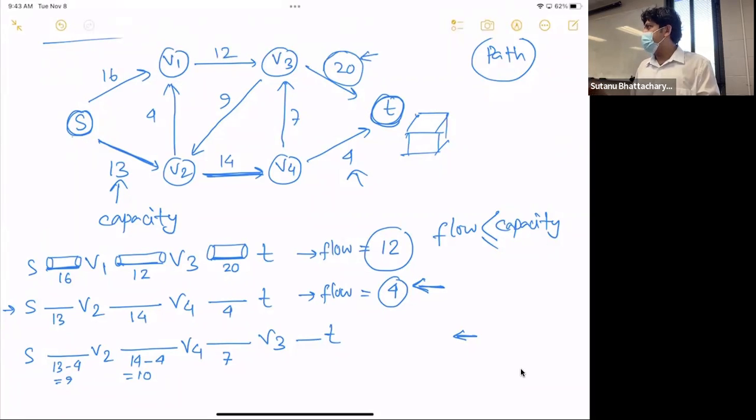V3 to T, what is the remaining capacity? 8, 20 minus 12. Right? And what is the flow in this path? The minimum one, 7. So what is the maximum flow from source to terminal node?